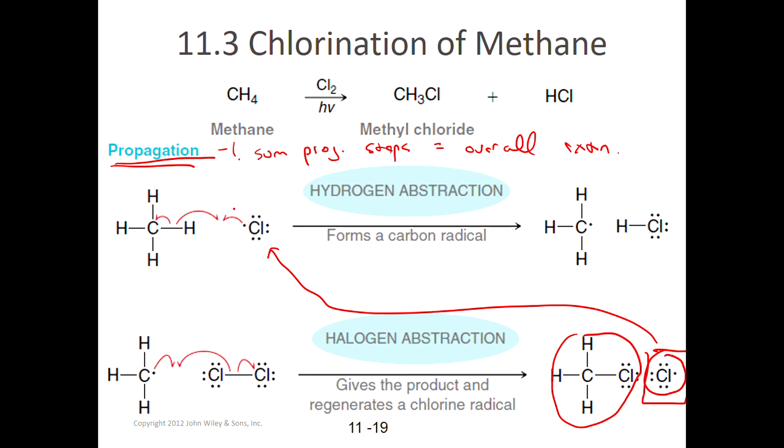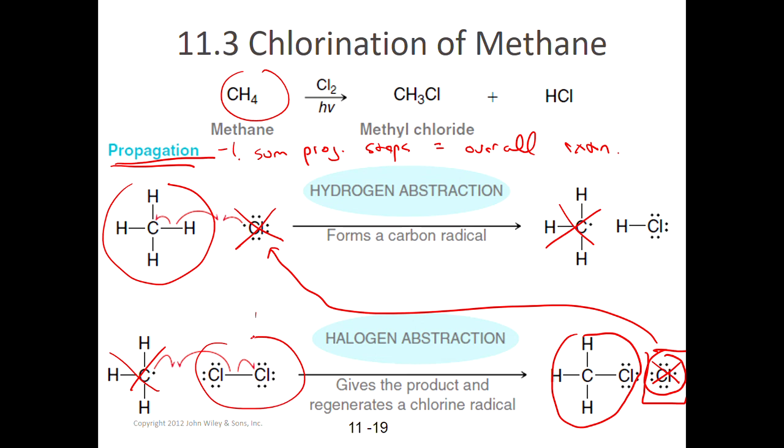If I cancel everything out that appears exactly the same on both sides of the arrows, what I end up with are the exact reactants and the exact products in the overall reaction. So that's criteria one. If I'm going to claim these two steps are propagation steps, then the sum of these steps, once everything's canceled, has to give me the overall net reaction.